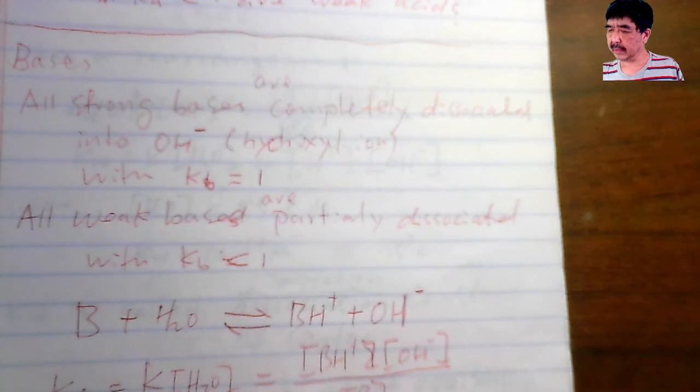This is how the Kb is calculated: Kb equals the product of conjugate acid concentration and hydroxide ion concentration, divided by base concentration. All right, this is bases.